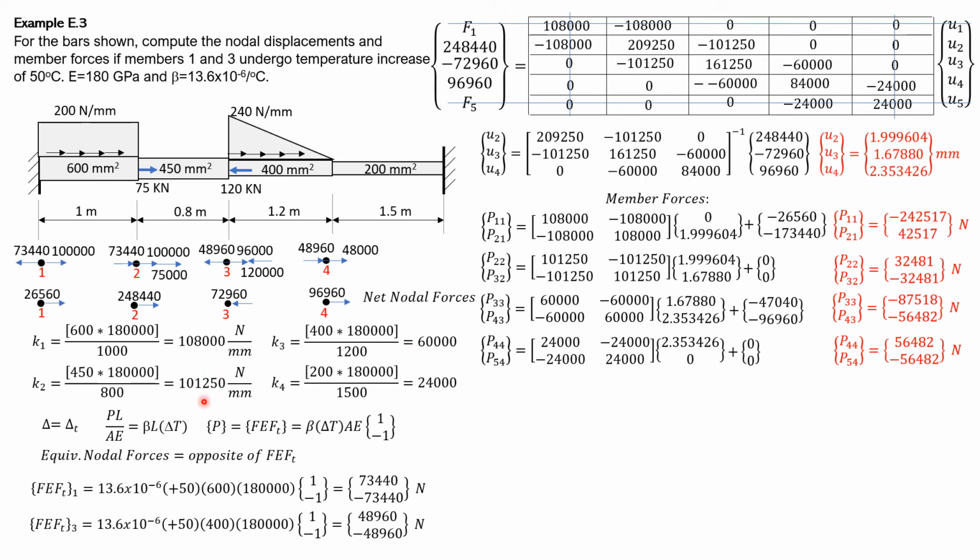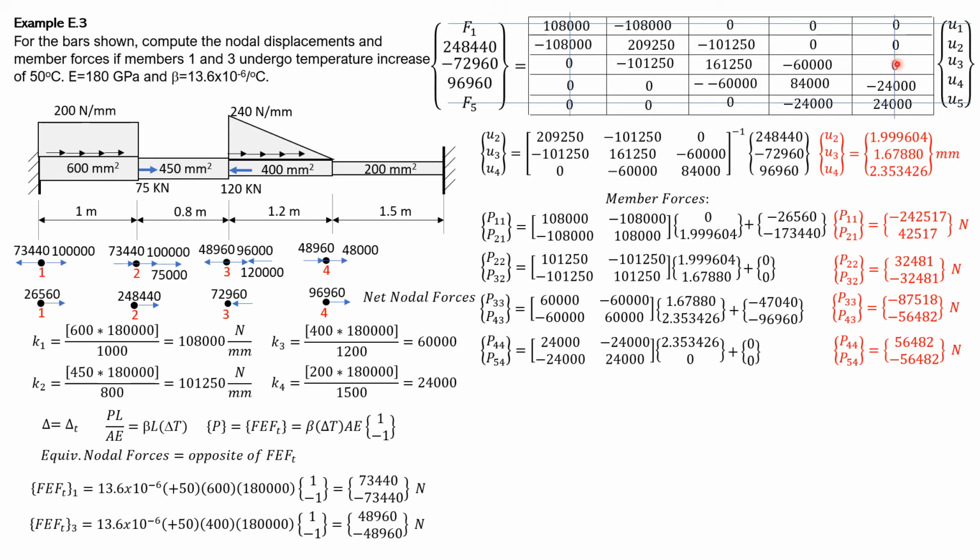Anyway, we have here the individual stiffnesses. The 5 by 5 matrix is again reduced to 3 by 3, so we can solve for U2, U3, and U4.